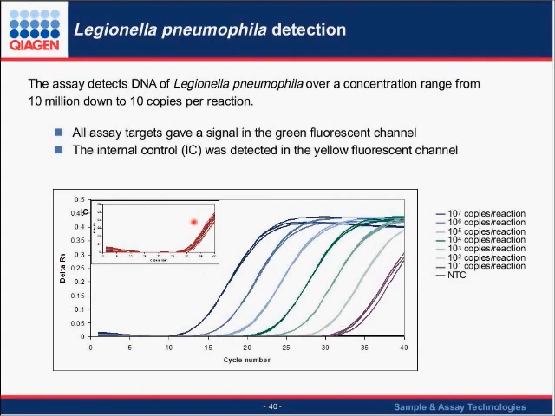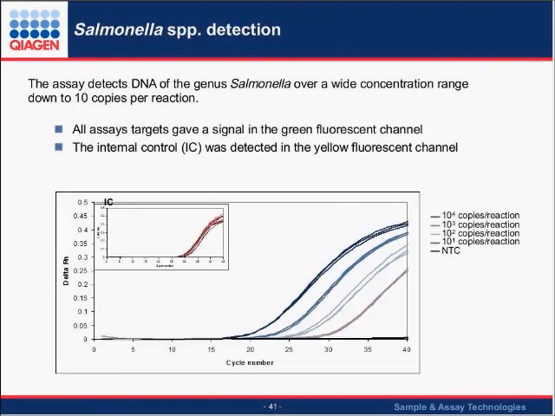This is the internal control up here, showing that the internal control worked and there was no inhibition of the assay. And again, the same kind of data for Salmonella species detection. All of the assay targets gave us a green fluorescent channel, i.e. a Salmonella-specific detection. And here's our internal control, which was detected in the yellow fluorescent channel.